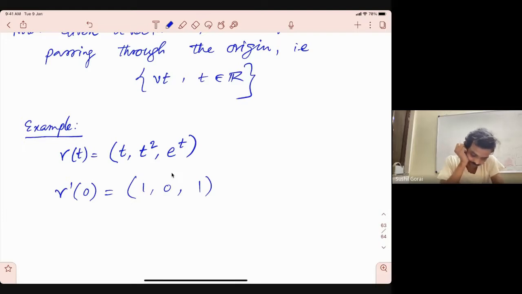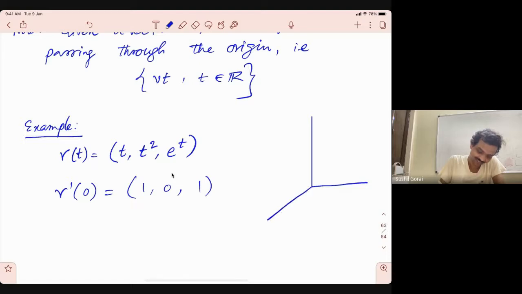So how do you get this one? If we try to draw this, what would be the curve of this? So t comma t square actually gives a parabola, let's say in the xy axis.